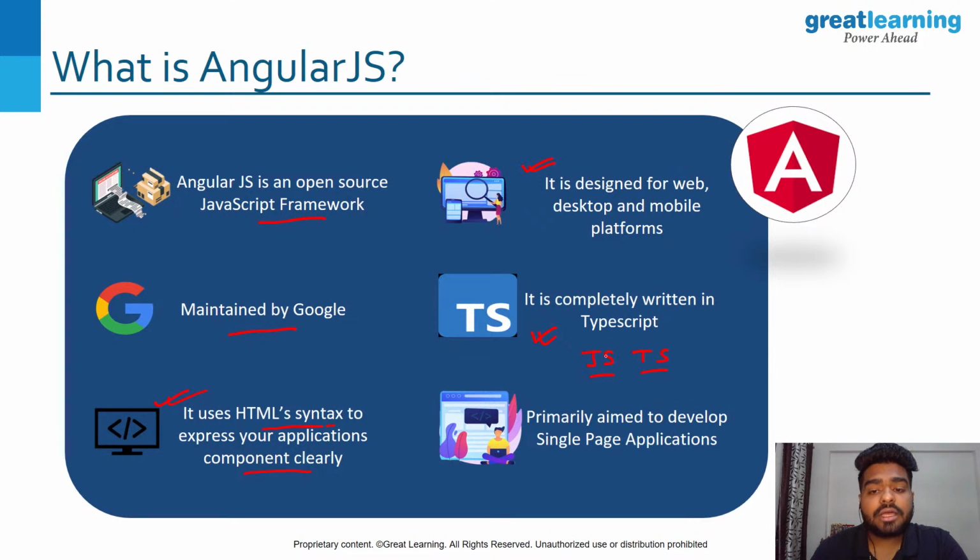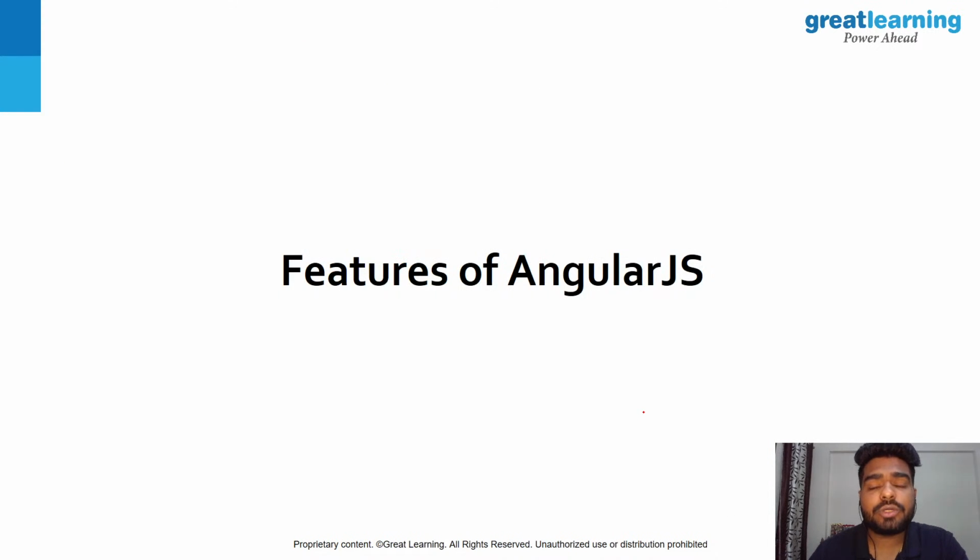That means first TypeScript came and then JavaScript. So TypeScript is nothing but the father of JavaScript. So people use JavaScript to work with Angular. Next, it is primarily aimed to develop single page applications that we have already seen in a very descriptive manner. So let's move to features of AngularJS.